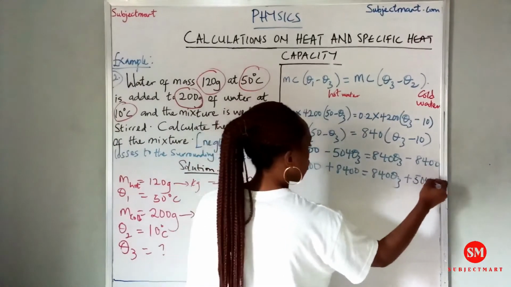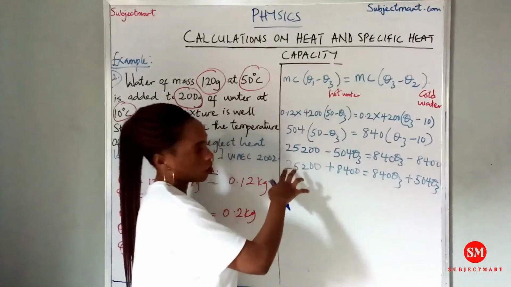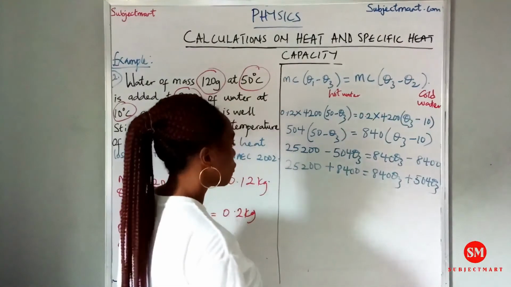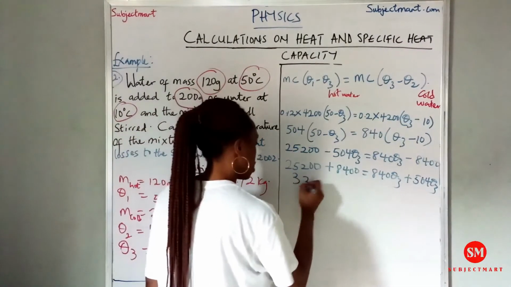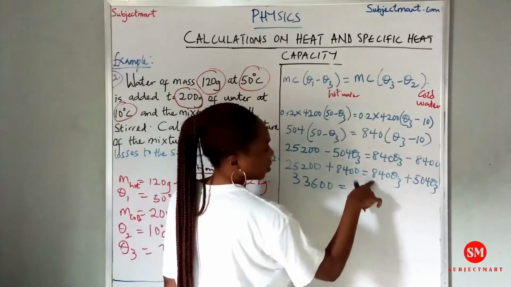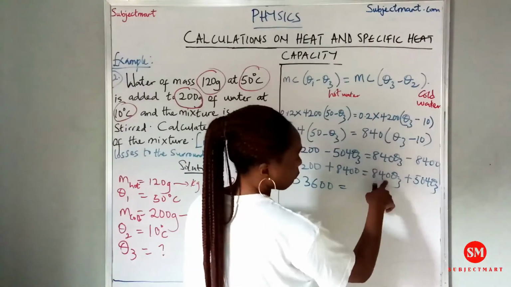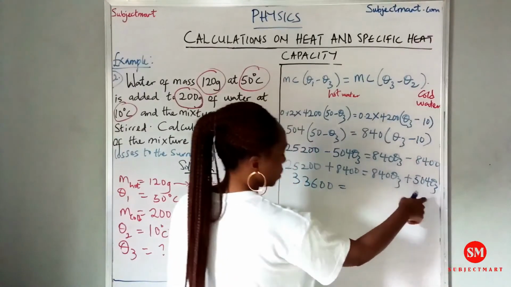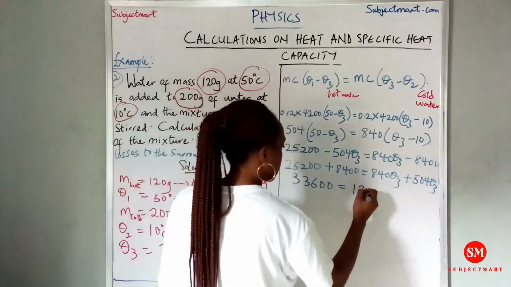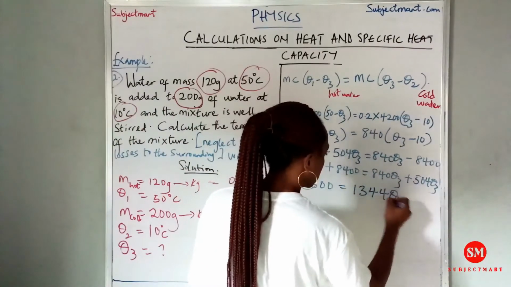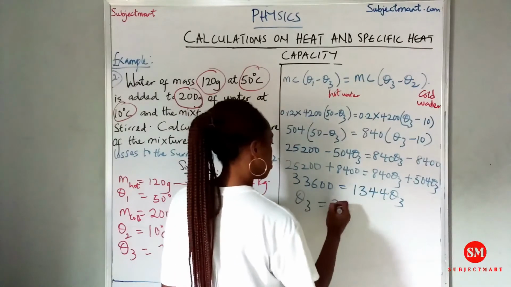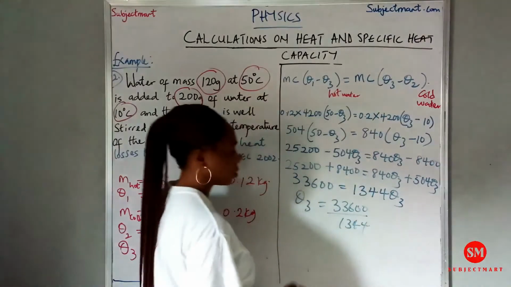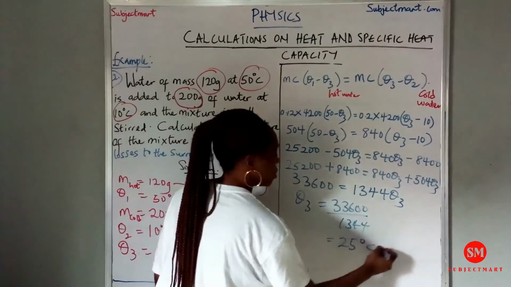What I just did here was to collect like terms. So 25,200 plus 8,400 is 33,600, and 840 theta 3 plus 504 theta 3 will give me 1,344 theta 3. So my theta 3 now will be 33,600 over 1,344, which will give me 25 degrees C.